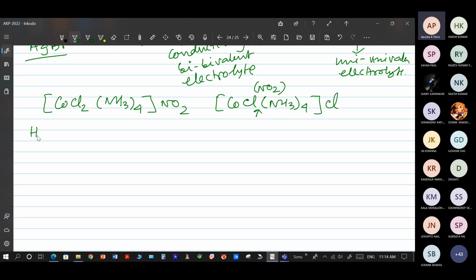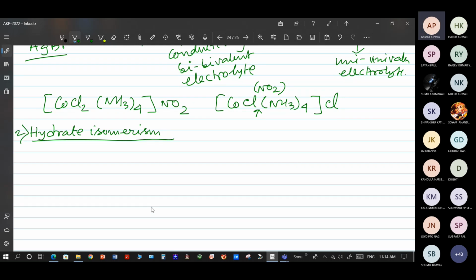Now hydrate isomerism. We can be asked to give examples of hydrate isomerism, ionization isomerism, or some other kind of isomerism, whatever I am going to discuss today, and also the differences in properties, either chemical or physical. Hydrate isomerism is the second type.